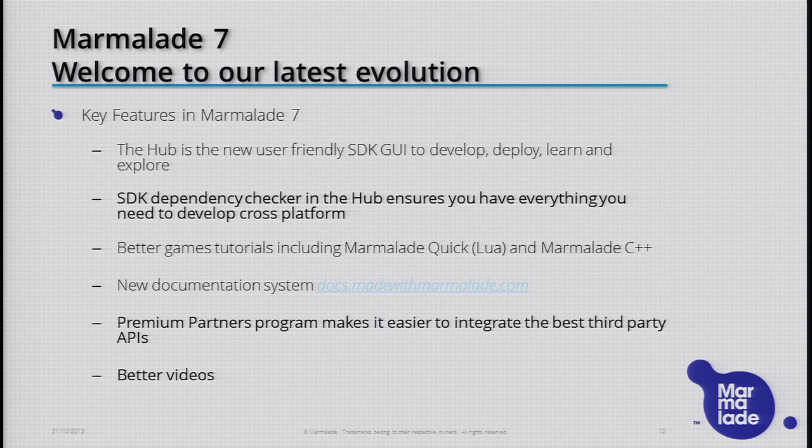Premium partners we're very excited about, because it's very hard to develop things from scratch. The documentation is about helping you find the information in an easier way. Examples and tutorials, as I showed you, mean you're not starting from scratch, and make it really quick to get going. The dependency checker on the hub is again about centralizing all the information that you have. So that's the content I have for today.